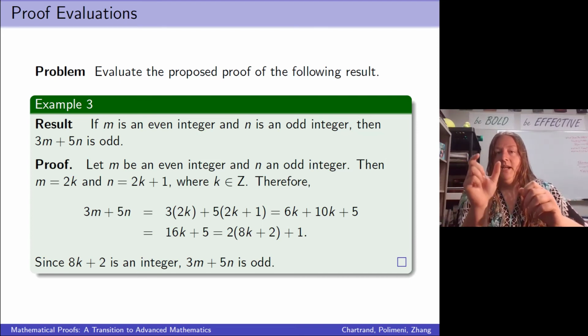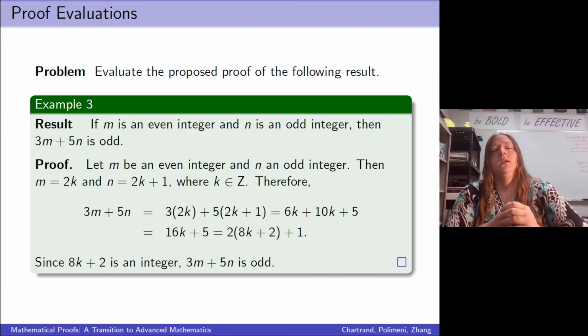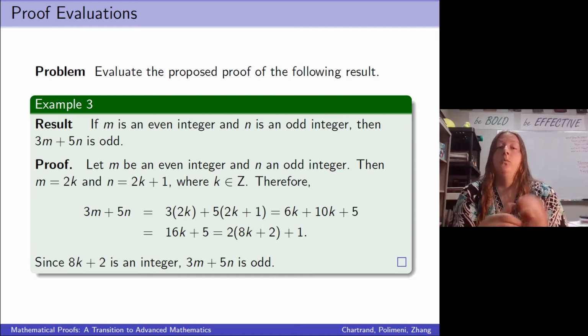So this only works for m and n that are neighbors. Instead, I could improve this by using a different variable for one of these. So I could say m equals 2k and n equals 2j plus 1, where j and k are both integers, and then this whole thing would work out and it would actually be a proof for the general case.